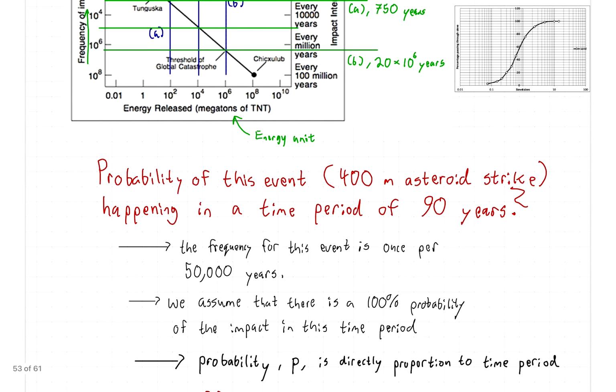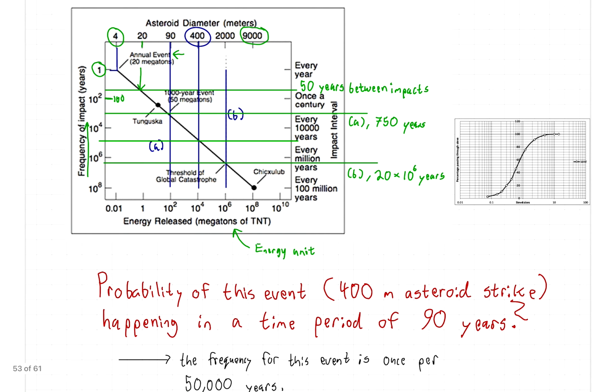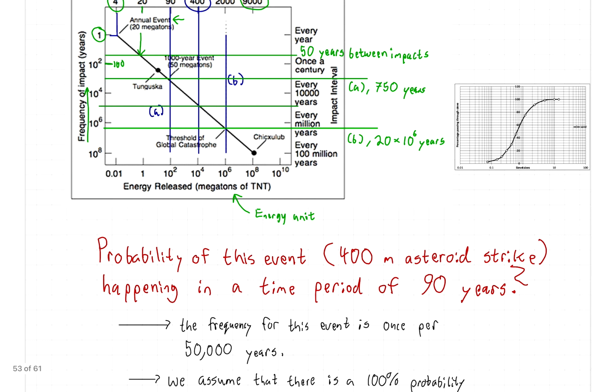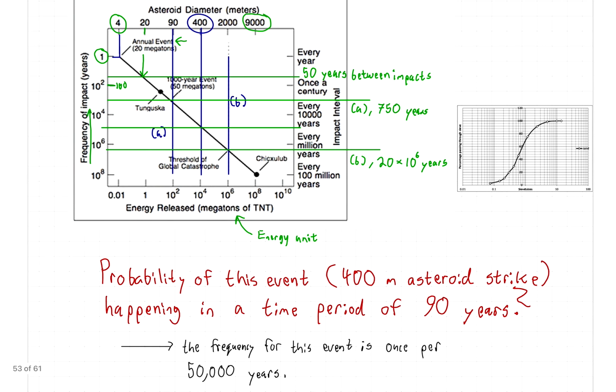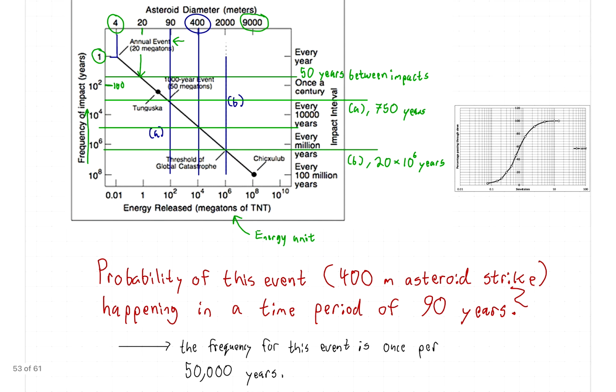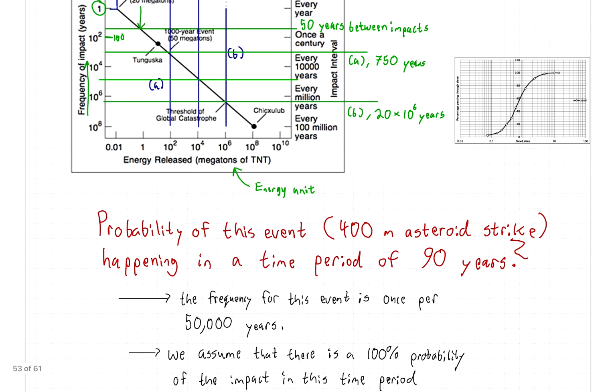So if you take a look at the example, not one that you're asked to do in the homework, but just for the sake of showing the steps, let's consider the probability of a 400-meter asteroid strike, which is this middle vertical blue line. We want to find the probability of it happening in a time period of 90 years.